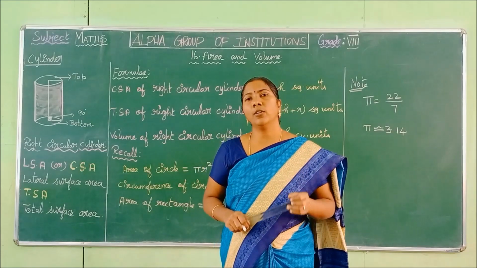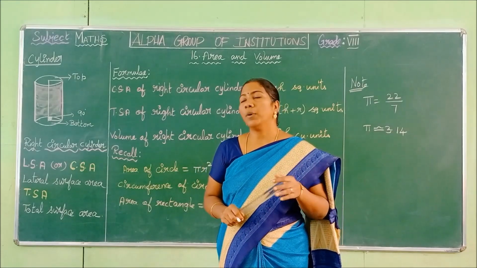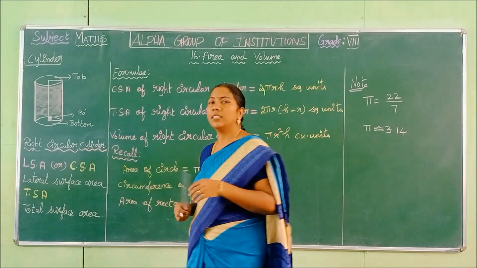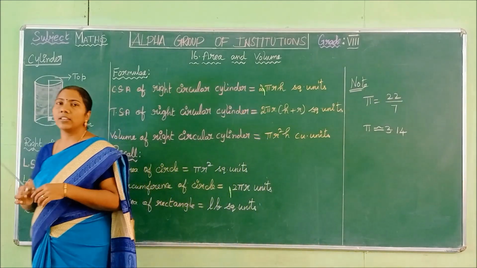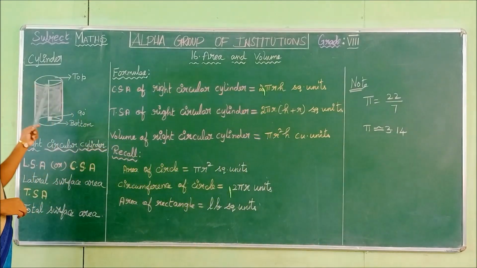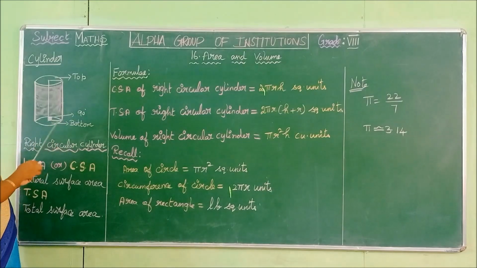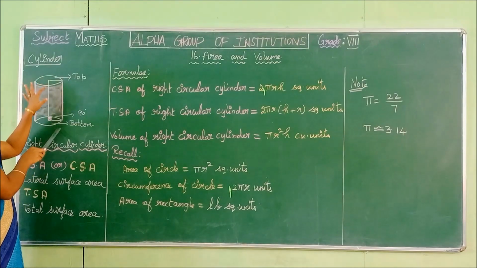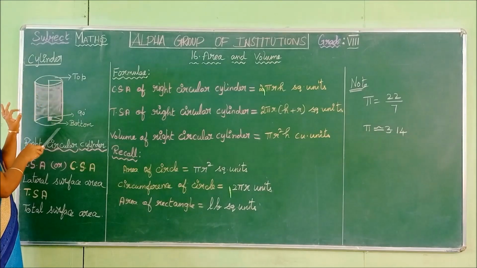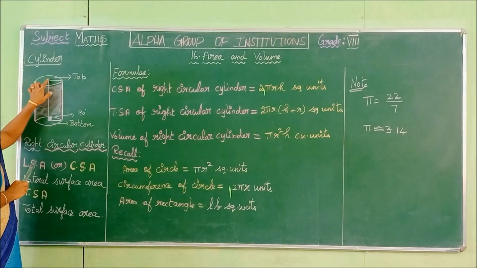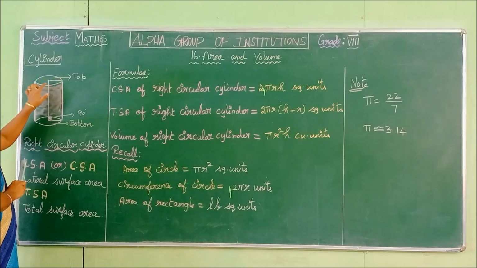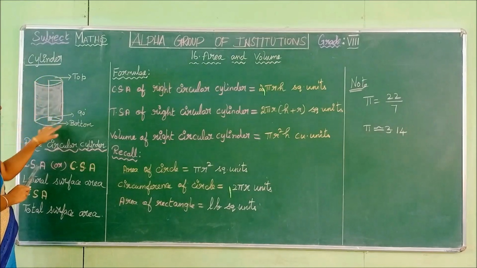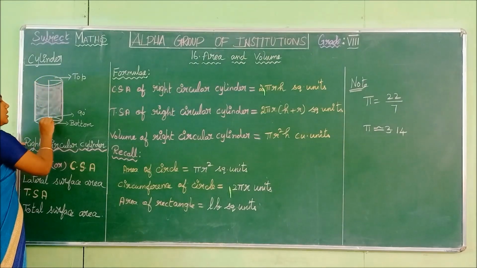In this chapter the type of cylinder we are going to discuss is the right circular cylinder. What is meant by right circular cylinder? See here, children, this is the shape of the cylinder. The top and the bottom of the cylinder are in the shape of a circle. Circle means it has a center. So in the top also we have one center, and in the bottom of the cylinder also we have one center.